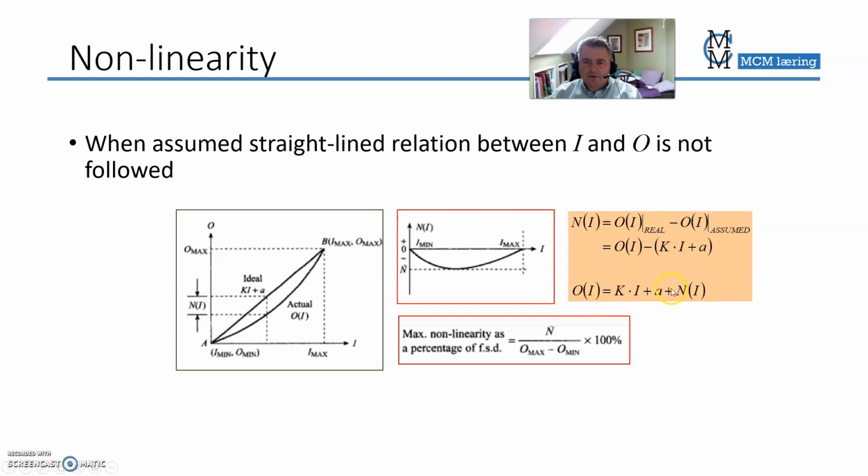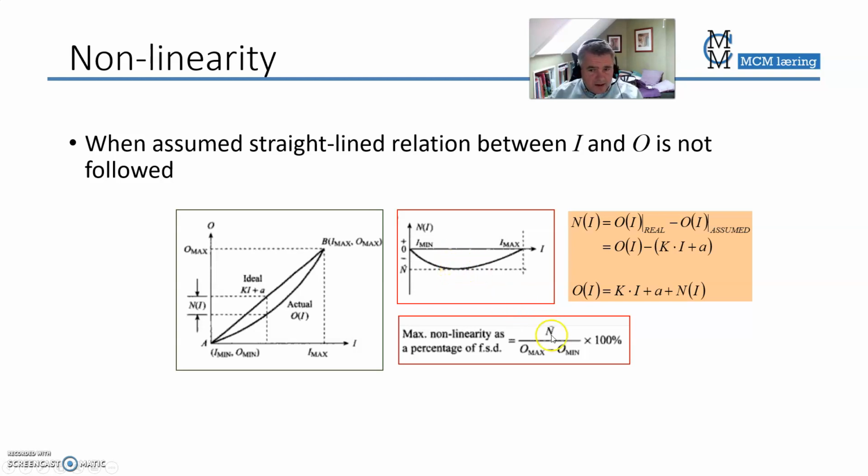In many cases, you don't describe the nonlinearity function itself because you don't have it. In some cases you do, but in many cases you don't. And if you don't have it, you rather express the maximum nonlinearity. If you watch closely, you see the maximum nonlinearity would be about here.